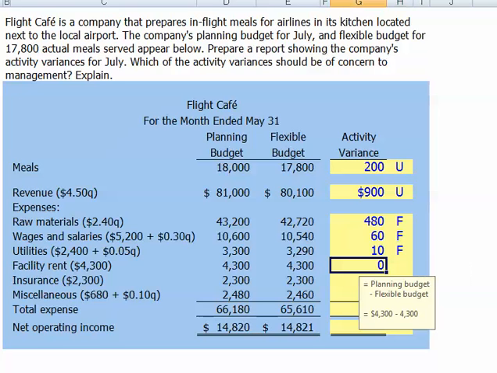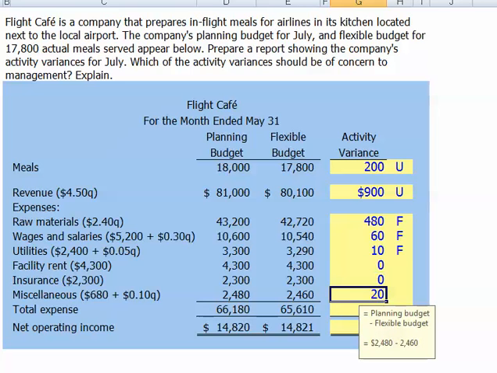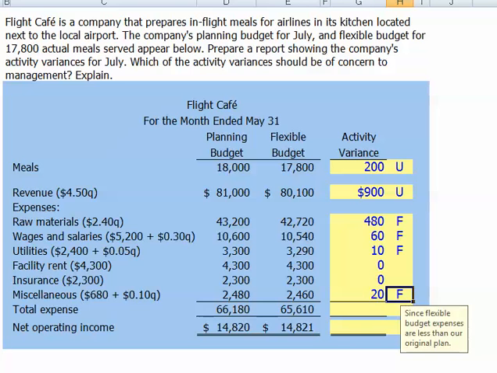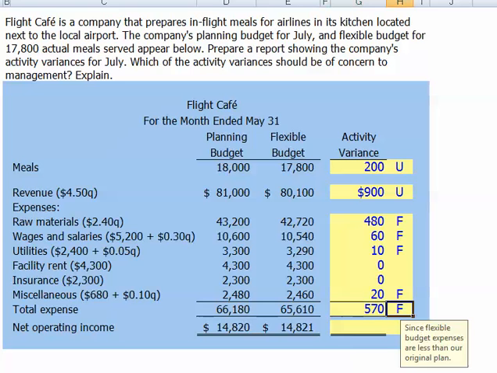There's no variance for facilities rent since it was a fixed cost in both our planning and our flexible budget. The same is true with insurance, while maintenance has a $20 favorable expense variance. Overall, our total expense variance is favorable by $570.